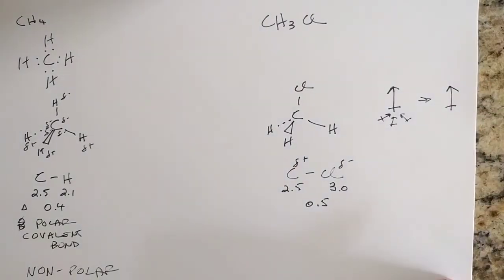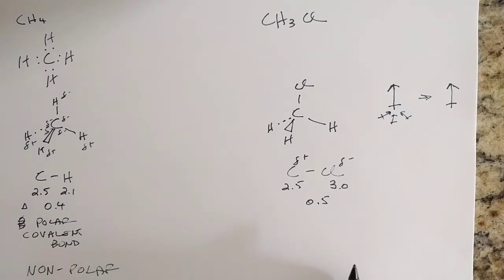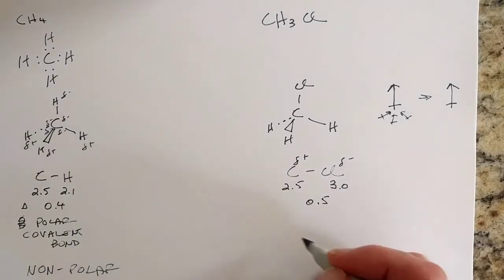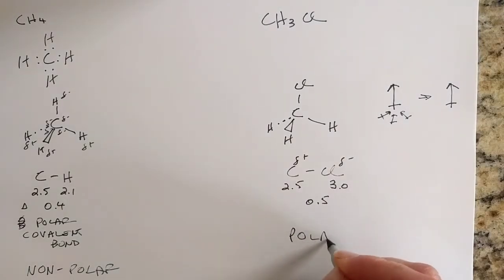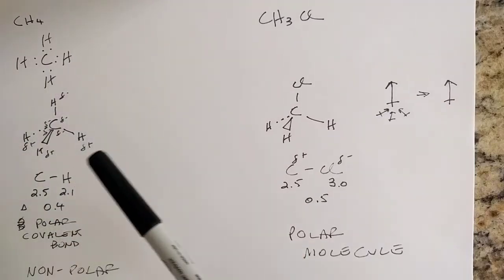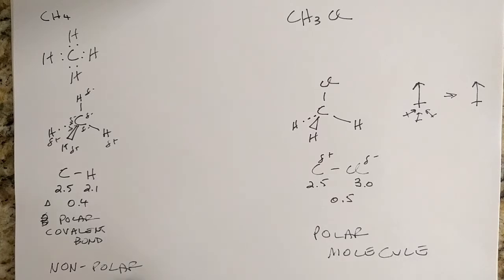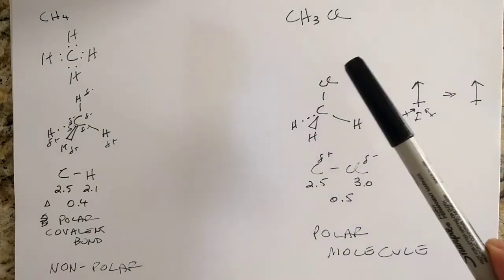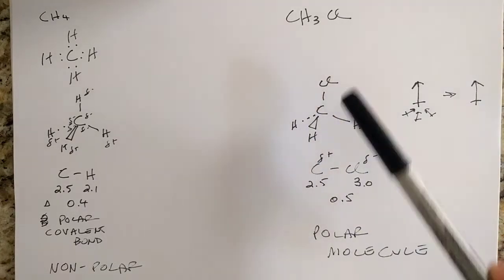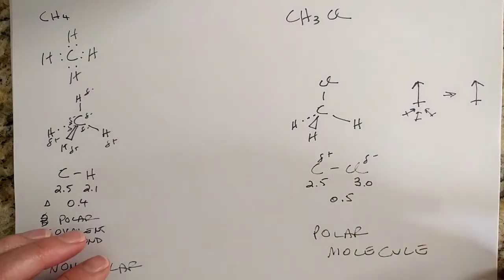We'll have a negative end of the molecule at the chlorine and the positive end of the molecule down at the hydrogens. So here we have a polar molecule. So when all the outside, the terminal atoms are the same, our molecule ends up being nonpolar. We make a change, just change one of our hydrogens to a chlorine, and that turns our molecule into being polar.